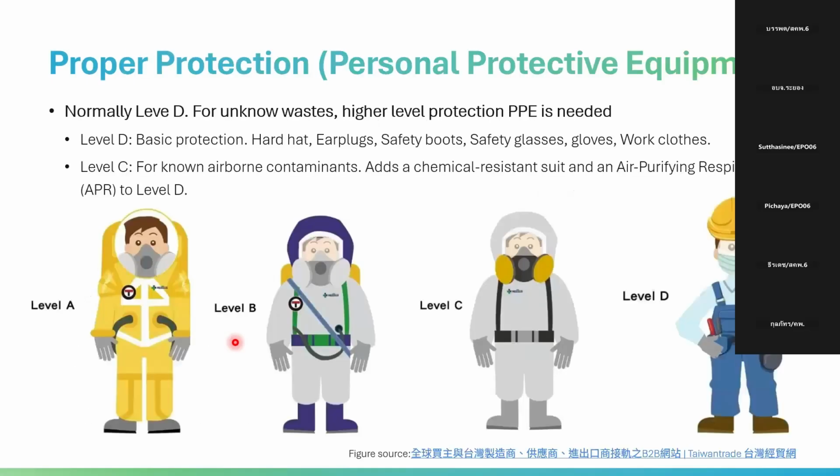And for the protection equipment, based on our knowledge, we have 4 different levels. For soil and groundwater sampling, basically it will be level D. So you wear glasses and gloves, wear safety boots, and work clothes to protect you from touching the contaminant directly.